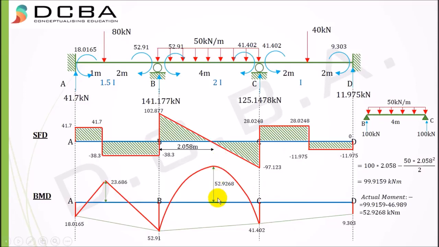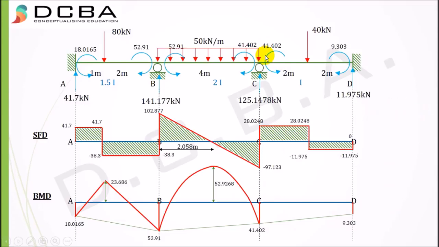Okay, now the last segment, segment CD, again it has a single point load, and the moment for a single point load for a simply supported beam is given as WAB by L, and we get it as 40 kilonewton meter.